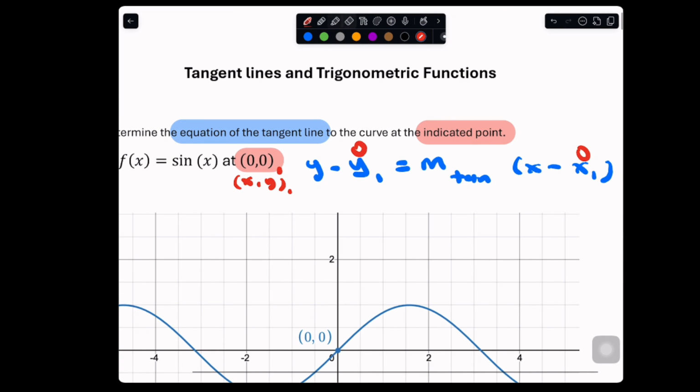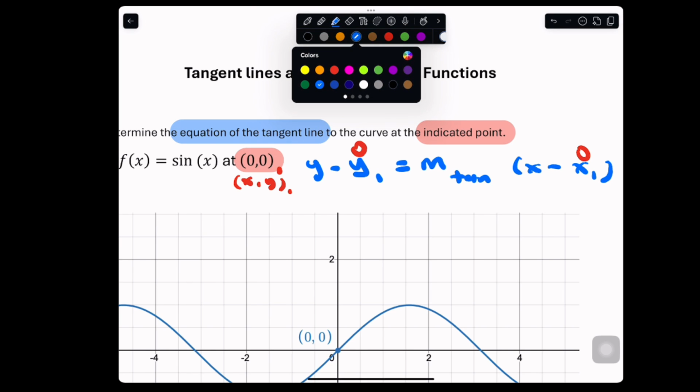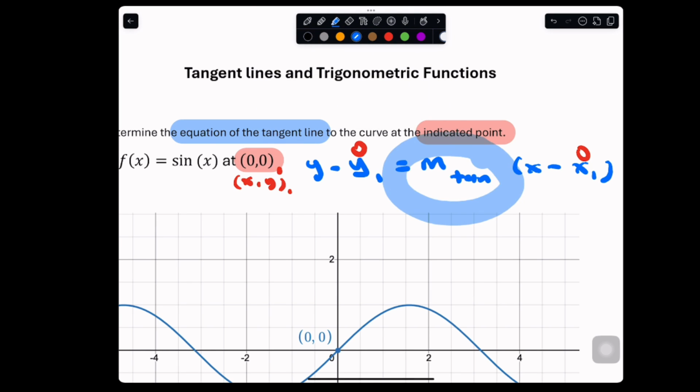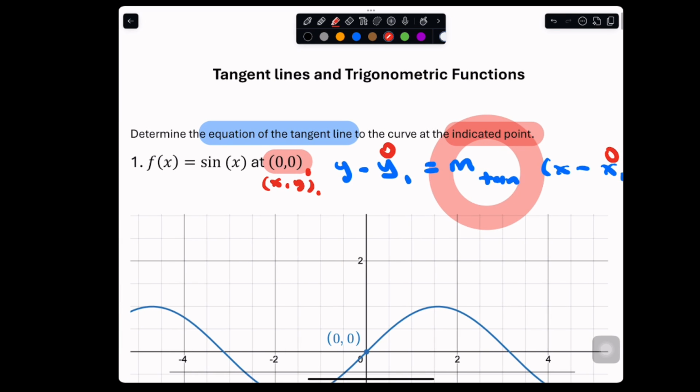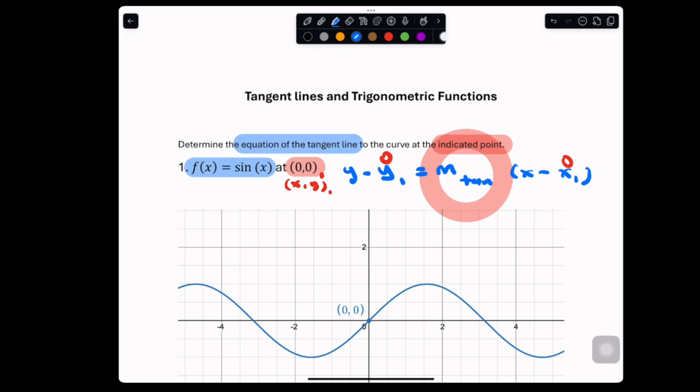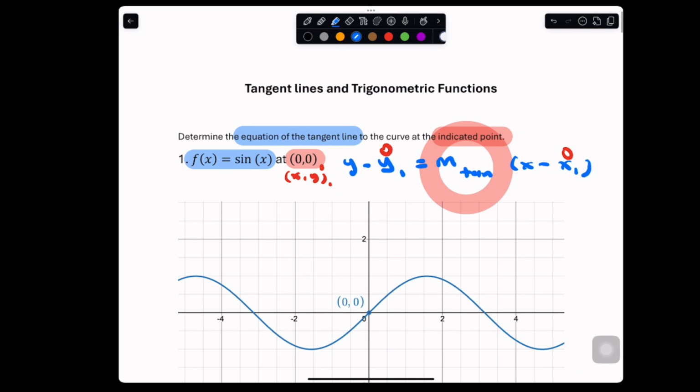And so all we have to do now is determine m tangent. And m tangent for the sine function. So they want to know what's the equation of the line tangent to the curve at this location here.